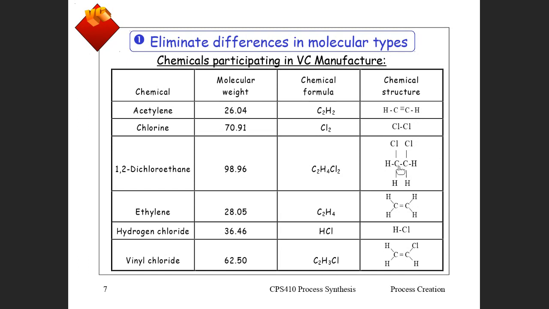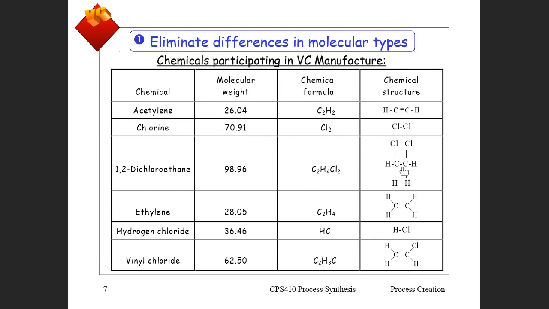We've got dichloroethane is interesting. It's got no double bonds in it. Ethylene, of course, we know it's got the double bond, but this is what we're looking for. So two carbons and 1 chlorine. So you can compare that with this one, which has got the single bond.